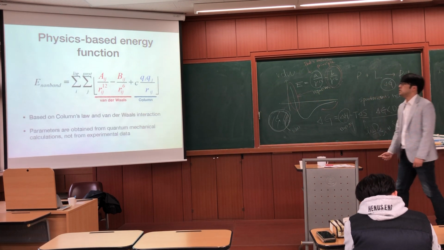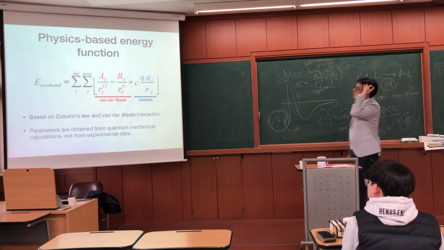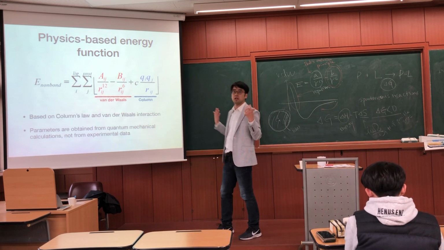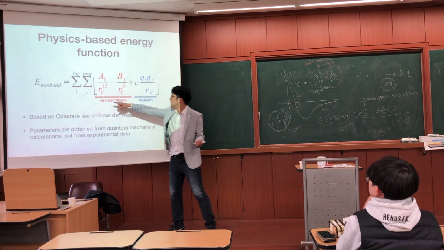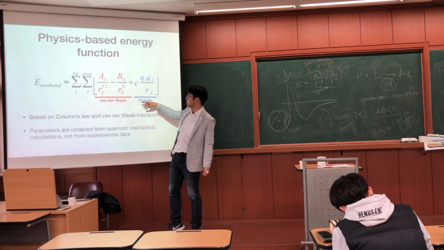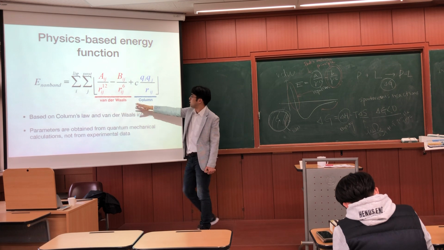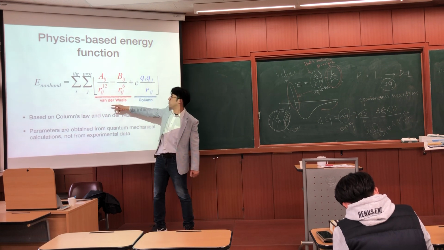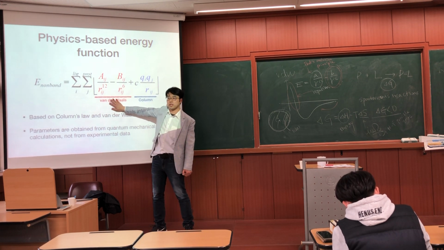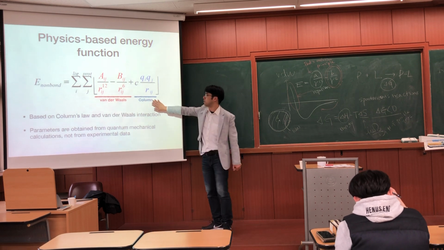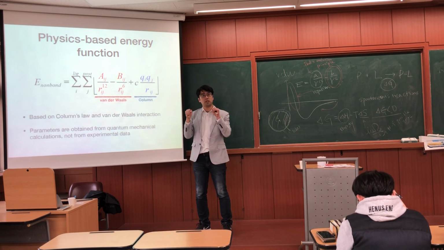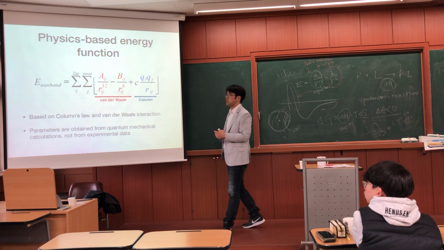On the other hand, the physics-based energy function means that energies are based on physical laws. For example, here all non-bonded interactions are calculated with this. This is van der Waals interaction as we learned in our textbook, and this is the Coulomb interaction, electrostatic interaction, we learned from the physics textbook, right?